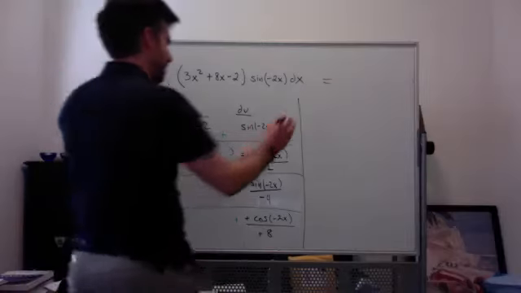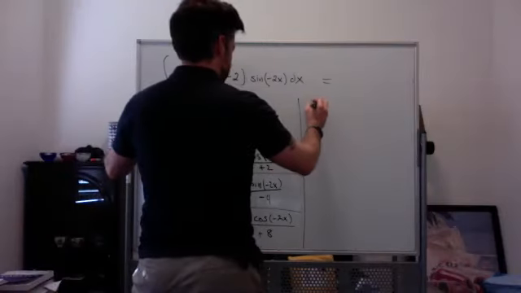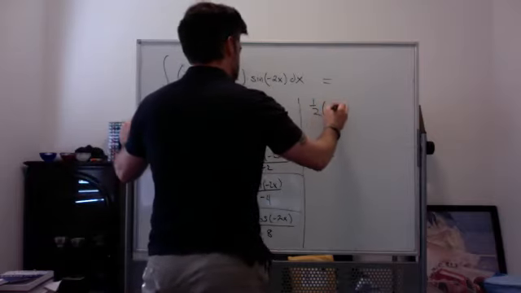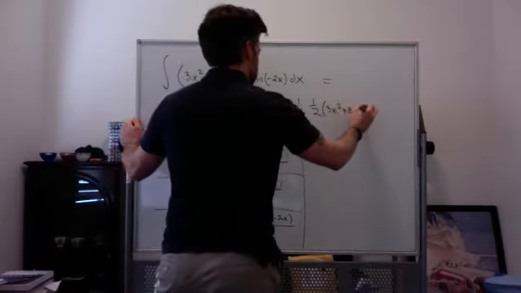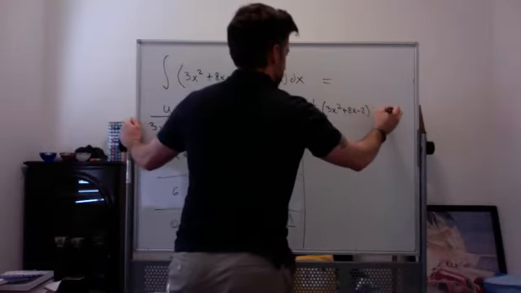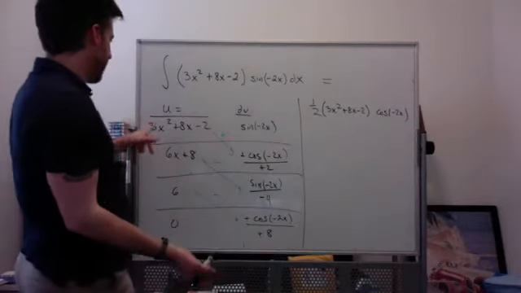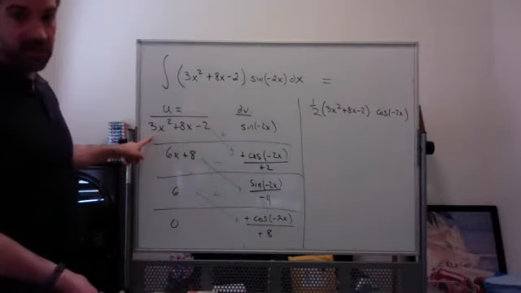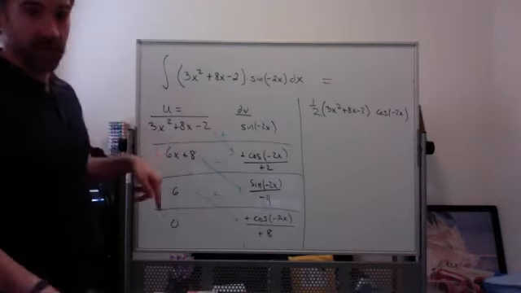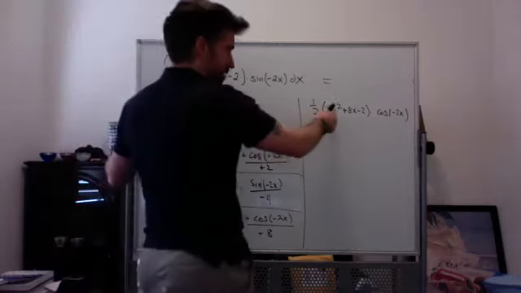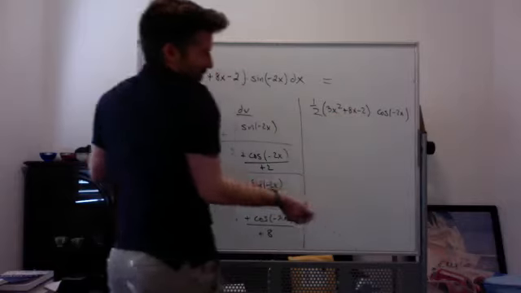I'm just going to write it as 1/2 times 3x squared plus 8x minus 2 times cosine of negative 2x. If I had picked something like an even number here, I probably would distribute the 1/2, right? Like if this was a 4x squared, I would distribute this and get 2x squared plus 4x minus 1. But it's not, so I won't.